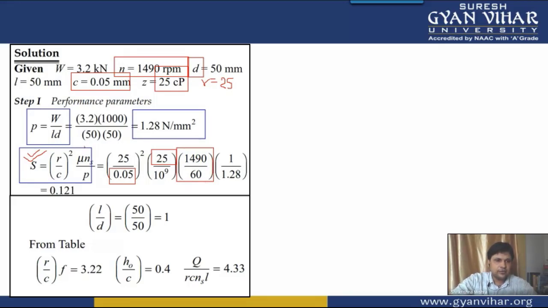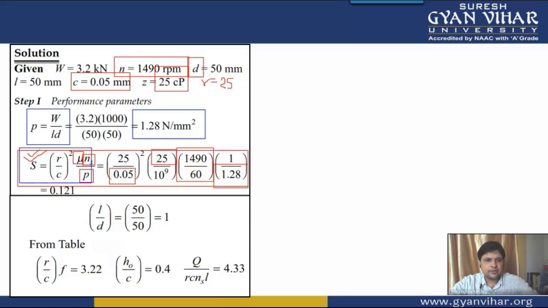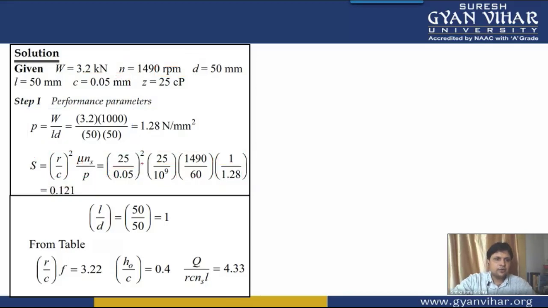So the mu value and Ns value we have put. Now this unit pressure is 1.28. So all these values we have put, and in this formula we have finally calculated the value of Sommerfeld's number. This is in centipoise, so we have divided it by 10 to the power 9.